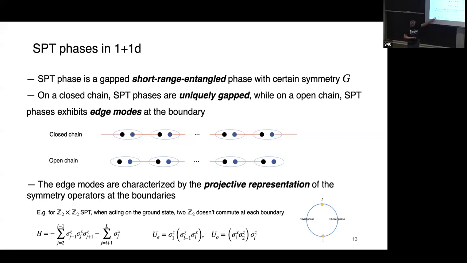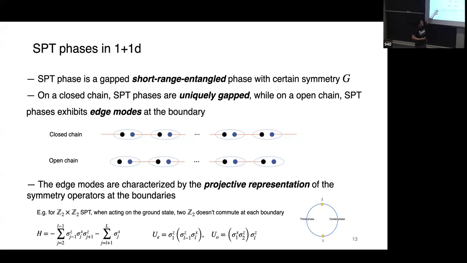The simplest example is a Z2 times Z2 SPT, where the Z2 times Z2 is given by the spin flip on the even and odd sites. Here are two SPTs. One is a trivial phase, and the other one is a non-trivial phase, which is given by sigma Z times sigma X times sigma Z. How do we distinguish these two phases?